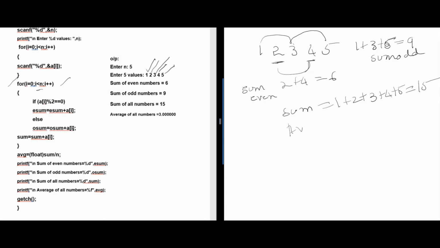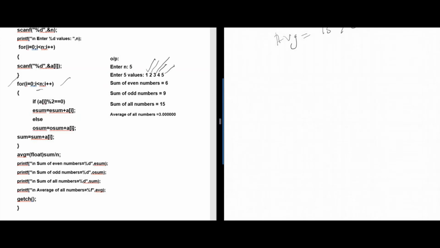And what will be the average? Average is equal to 15 divided by number of elements, that is 5, which is equal to 3. So my answer should be average is 3, sum of all the numbers is 15, sum of even numbers is 6, sum of odd numbers is 9. So let's see how to perform this.